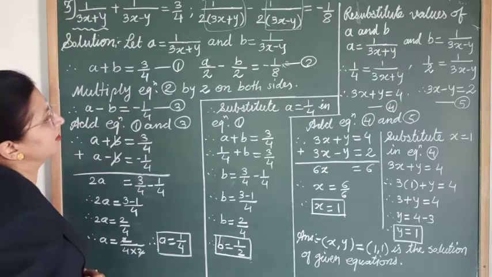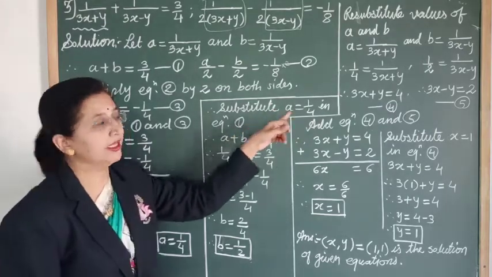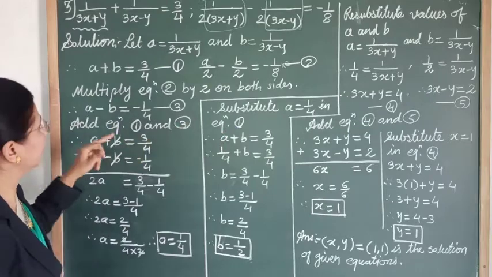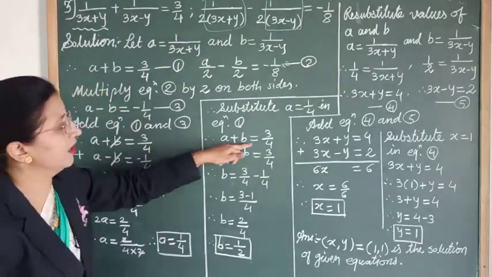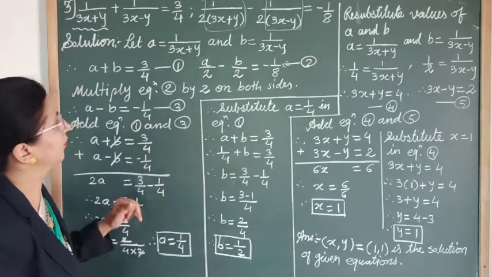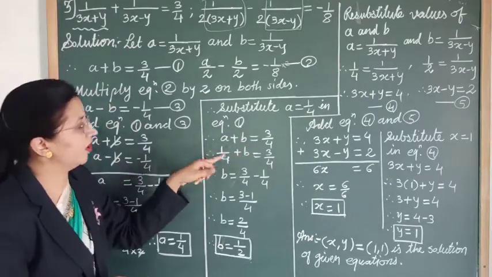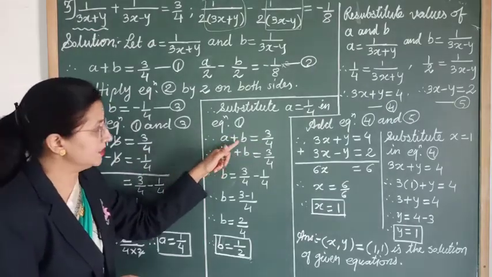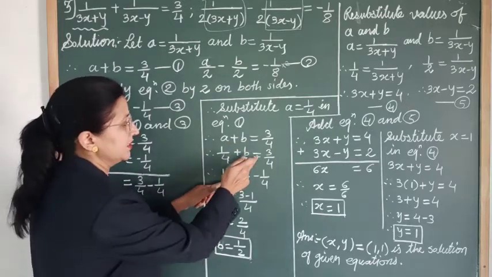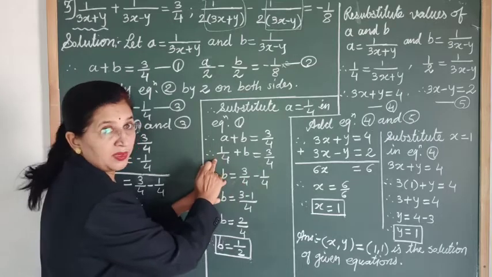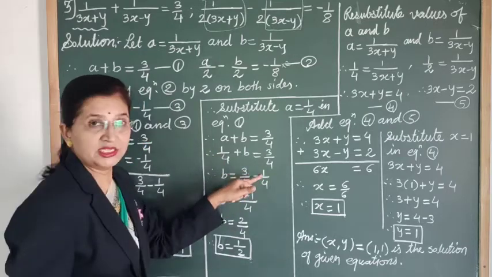Now let's substitute this value of a in equation 1. What is our equation 1? a plus b is equal to 3 upon 4. So the value of a we got is 1 upon 4, plus b is equal to 3 upon 4. So b is equal to 3 upon 4, this is plus, it will be minus 1 upon 4.